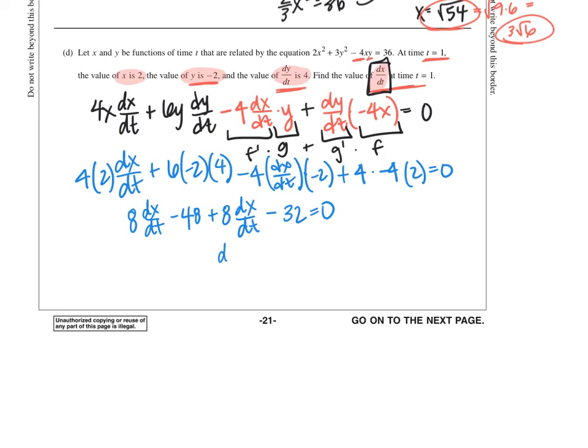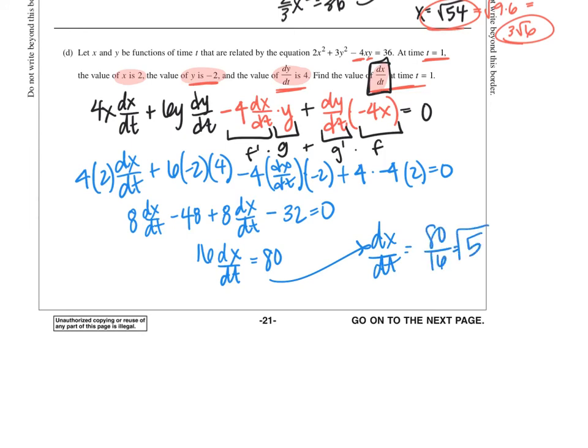So I've got 8 dx dt and another 8 dx dt, giving me a total of 16 dx dt. I'm going to move my 48 and my 32 over, which gets me 80. Now I divide by 16 to get dx dt equals 80 over 16. We could end right there, but that also simplifies to 5.